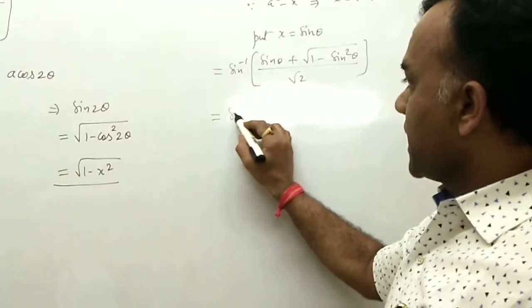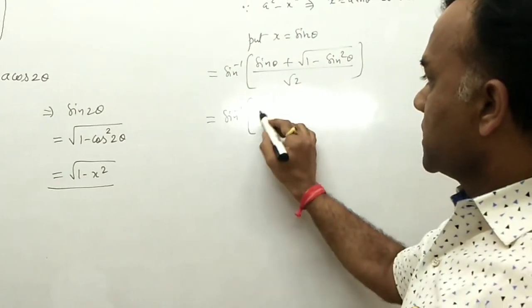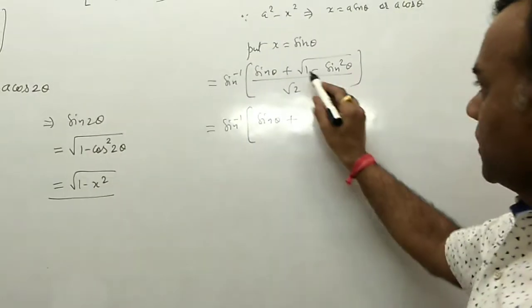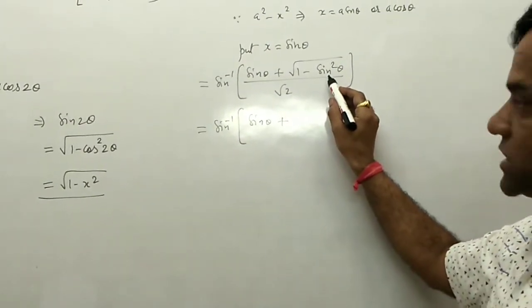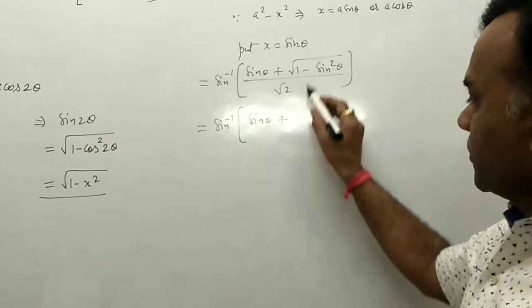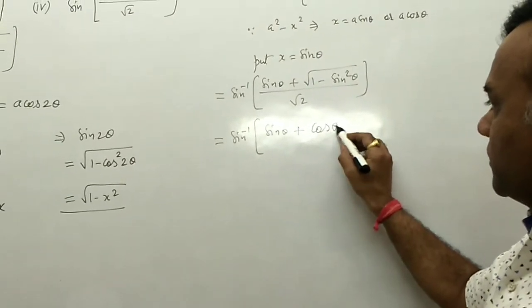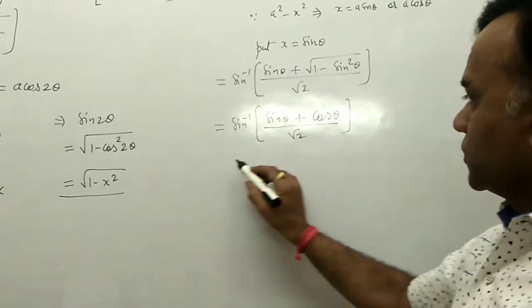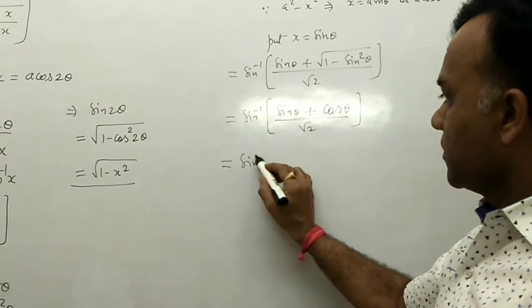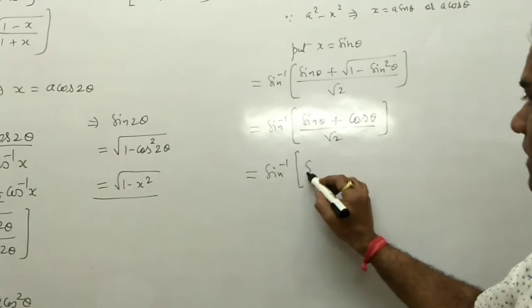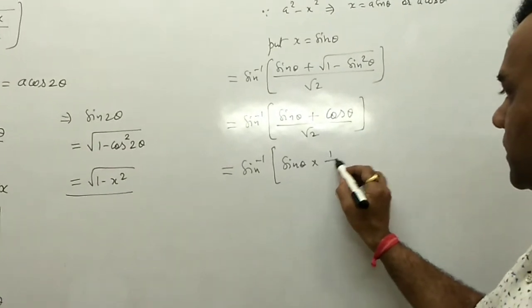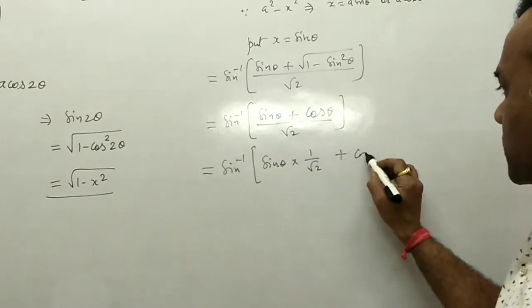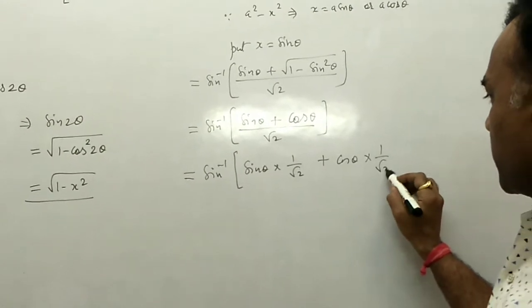Sin inverse of sin theta plus 1 minus sin square, that is cos square, and after simplifying the root sign it converts to cos theta, and now 1 by root 2. So sin inverse, now separate the terms: sin theta into 1 by root 2 plus cos theta into 1 by root 2.